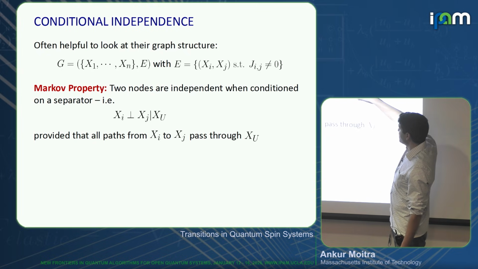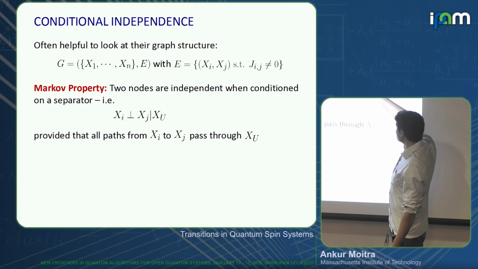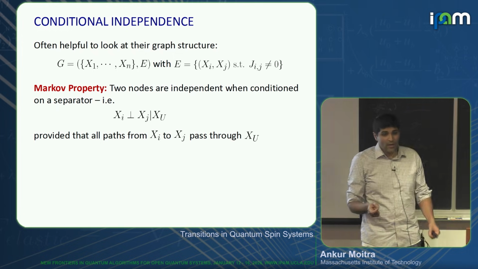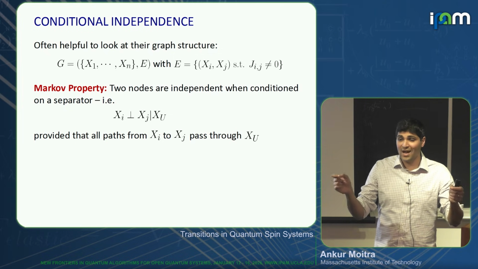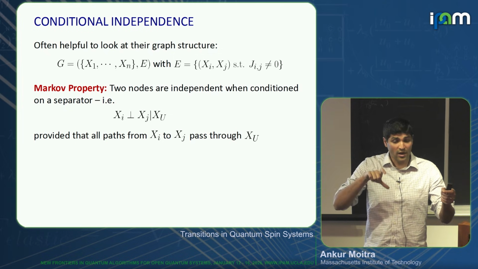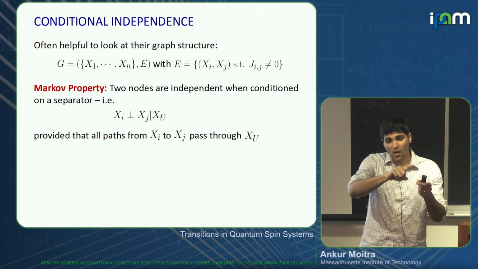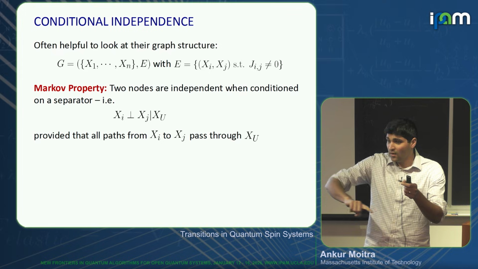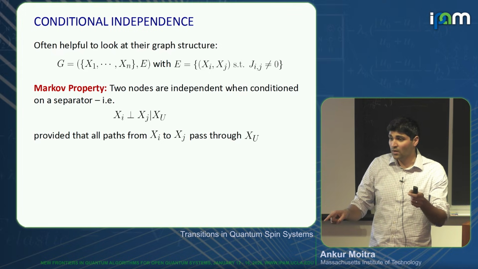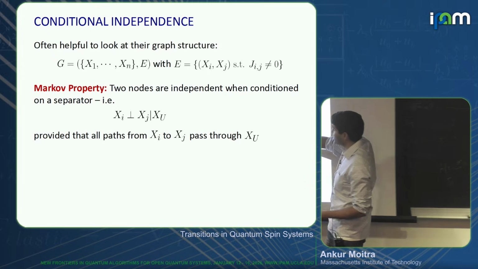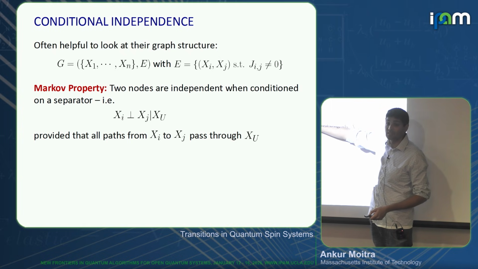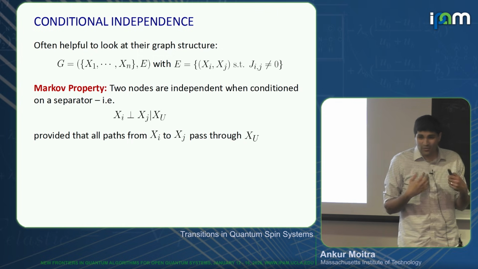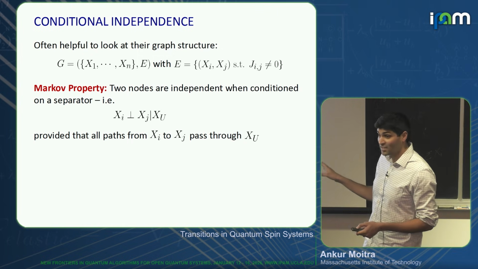So if you take your Ising model and you write down this graph based on which pairs of spins actually have a non-zero interaction, and you give me any pair of sites i and j, and you condition on another set of sites U, as long as they're a graph-theoretic separator, there's no path that starts at i, ends at j, and avoids U, you're guaranteed that the distribution you've defined has this conditional independence property. So this is the part that makes a lot of sampling and learning possible, is really exploiting this property.